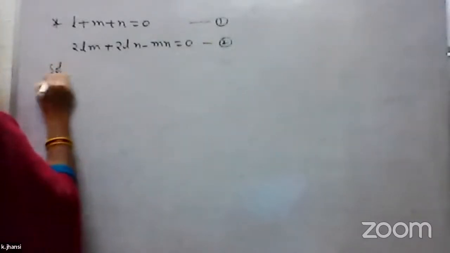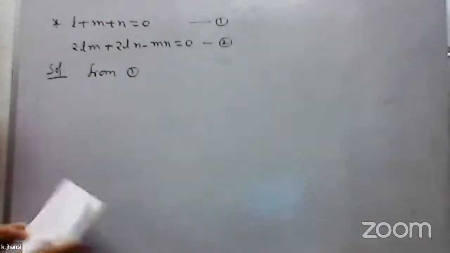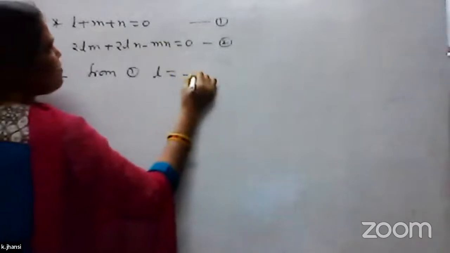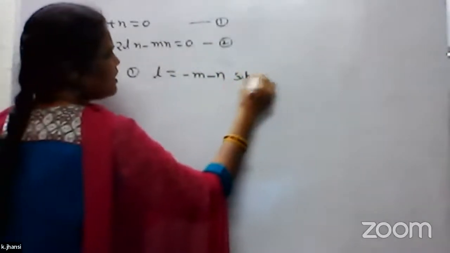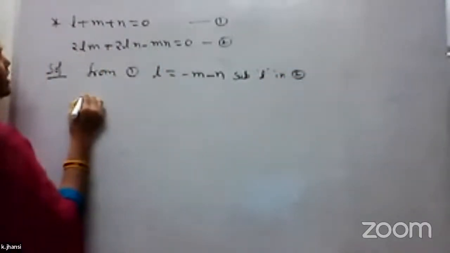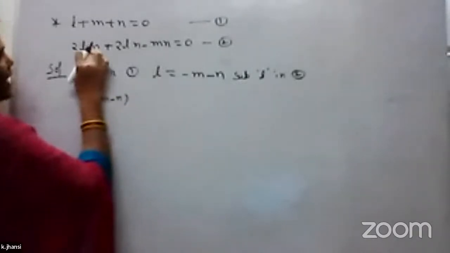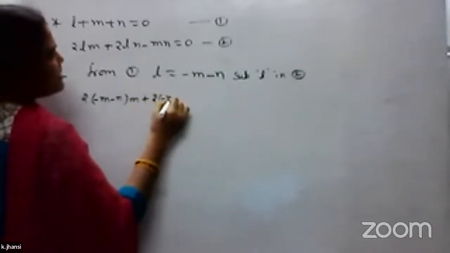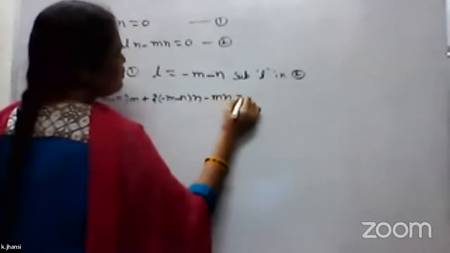So you put this as equation 1 and equation 2. From equation 1, if you take L common, what will you get? L equals minus M minus N. Okay. So substitute this L value in equation 2. You will get 2 into minus M minus N, and we have M here, plus 2 into minus M minus N, we have N, minus MN equals 0.